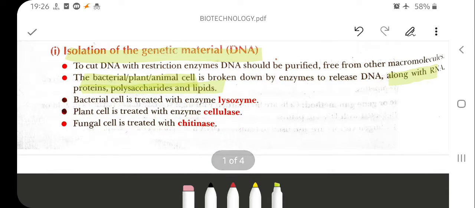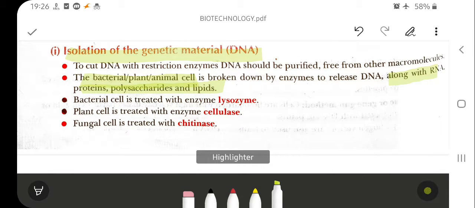Bacterial cell is treated with the enzyme lysozyme so that the cell wall of the bacterial cell is broken down. If we are treating the plant cell, the enzyme we use is cellulase to break the cell wall of the plant cell, and the fungal cell is treated with chitinase to break its cell wall.